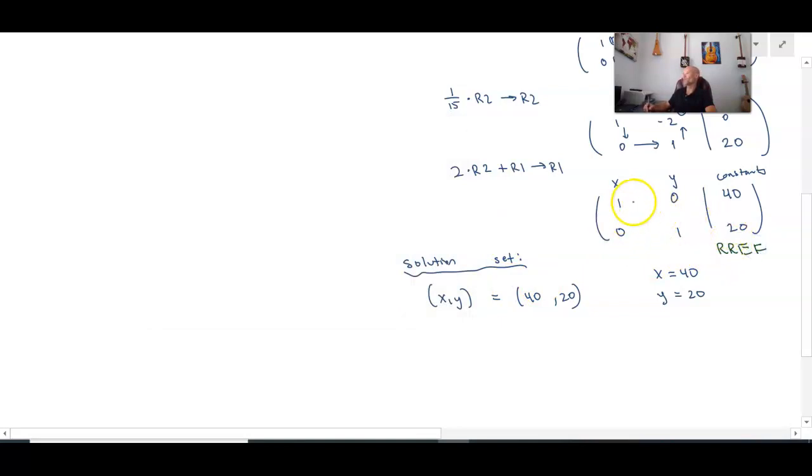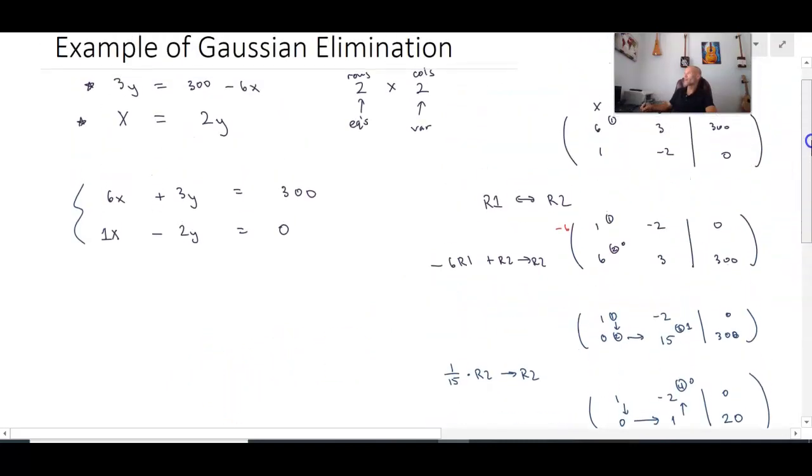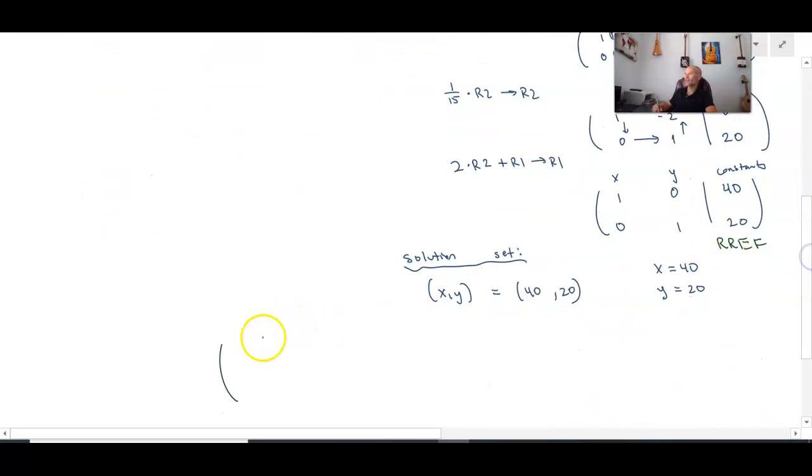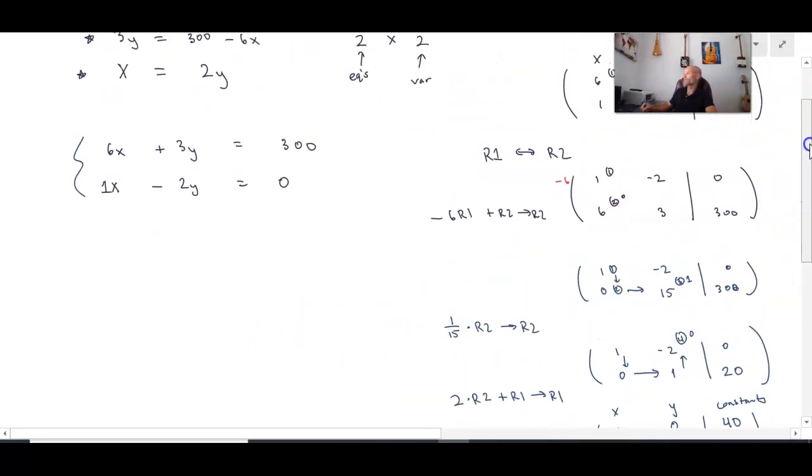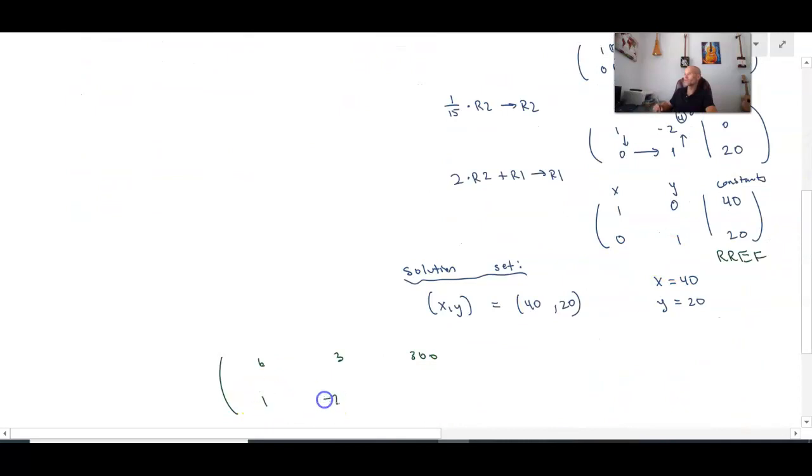So all we have to do is press a button to get it from this matrix 6, 3, 300, 1, -2, 0. And we will press a reduced row echelon form button in our computer or calculator, and we will end up with exactly what we've produced through all of these steps.